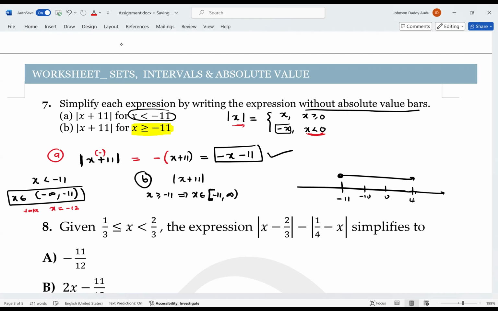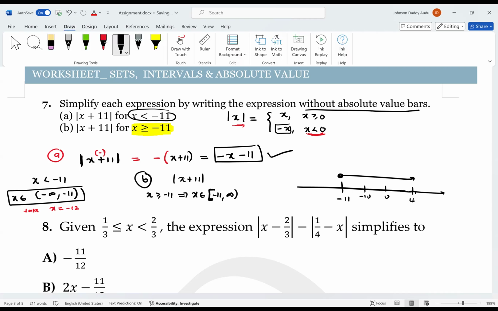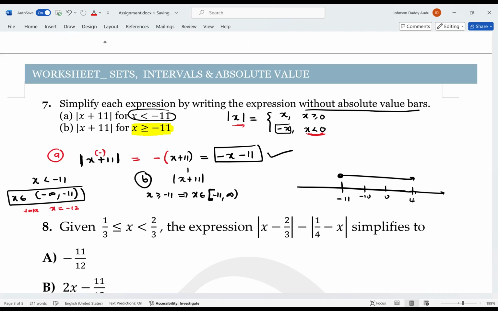There are many numbers, so just take one. I can even take 4. If you substitute x to be 4, 4 plus 11 is going to be a positive number, right? So here it's going to be positive.